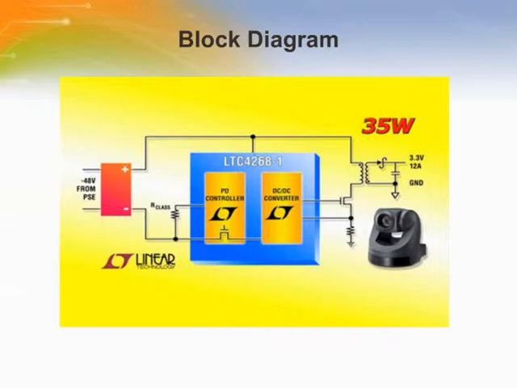After the load capacitance is charged up, the LTC4268-1 switches to the high input current limit and provides a power good signal to its switching regulator, indicating that it can start its operation. During this time, the LTC4268-1 remains in its high current limit state, allowing for up to 35 watts delivered to the load.